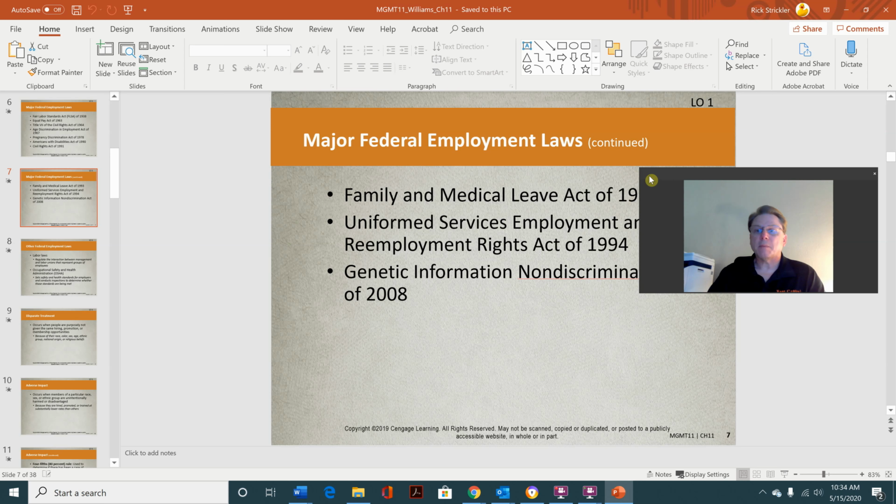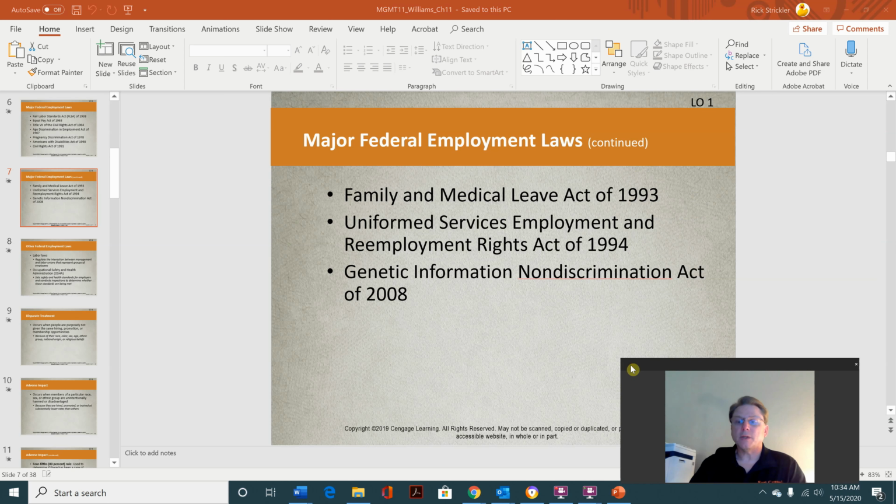You also have the Family Medical Leave Act of 1993, FMLA, I'm sure you've heard of that, the Uniformed Services Employment and Reemployment Rights Act of 1994, and then the Genetic Information Nondiscrimination Act of 2008.